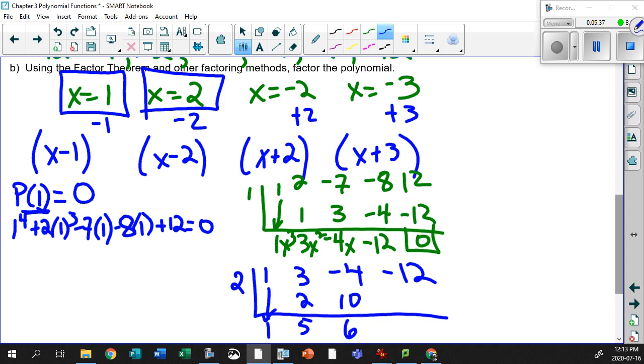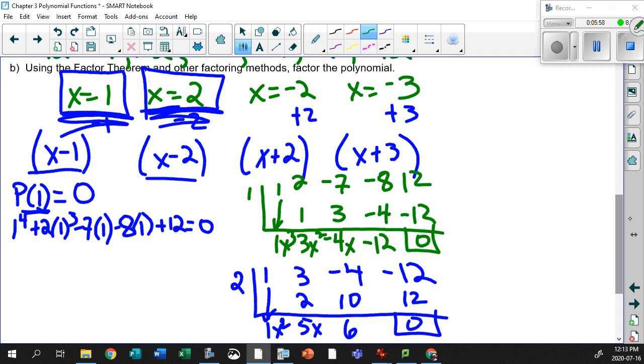That's going to give me 6. 6 times 2 is 12. That's going to give me 0. There's my 1 position, my x position, and my x squared position. Okay, so now I know my 2 factors, which I determined just by using the zeros, just like I did before, are going to be x minus 1 and x minus 2.